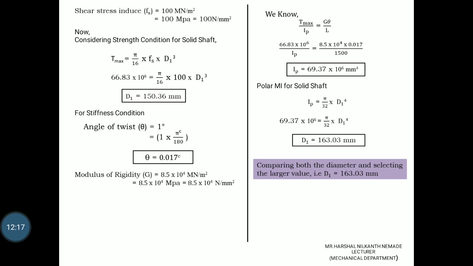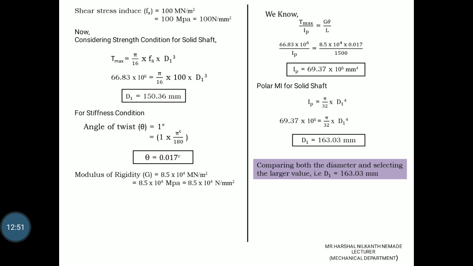For stiffness condition, angle of twist is given 1 degree. So by multiplying pi by 180, it will get converted. Theta is equal to 0.017 radians. Modulus of rigidity, G is equal to 8.5 into 10 raised to 4 mega Newton per meter square. Okay, so Newton per meter square is nothing but Pascal.